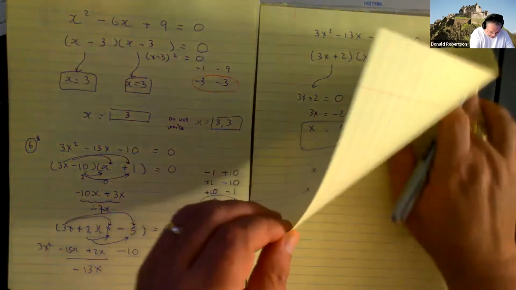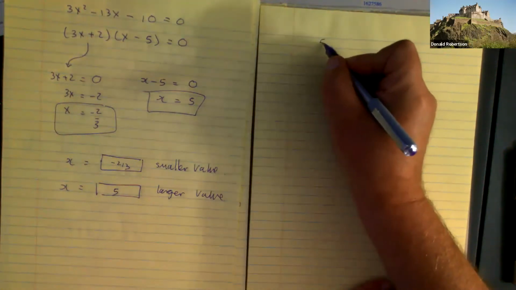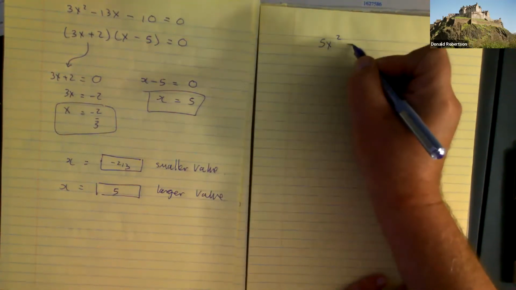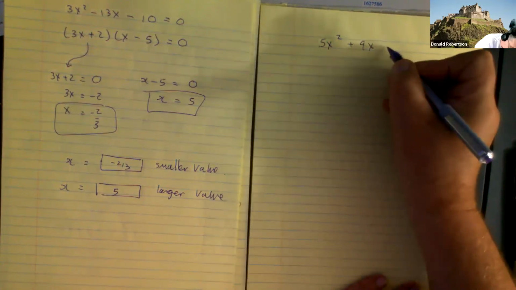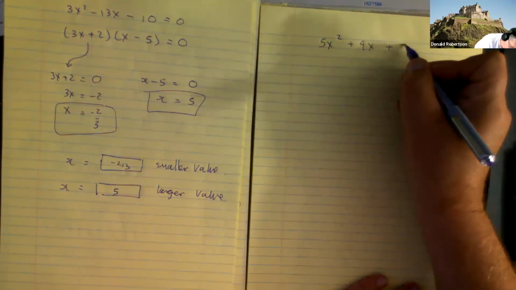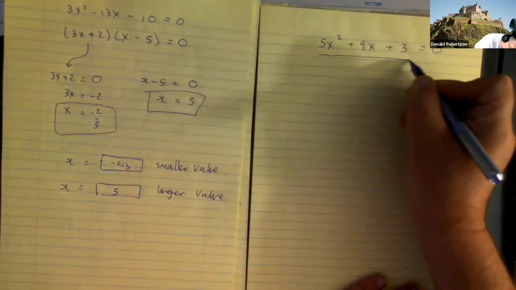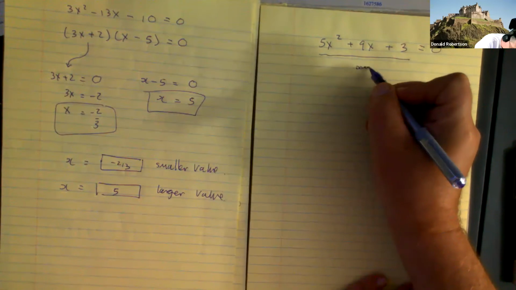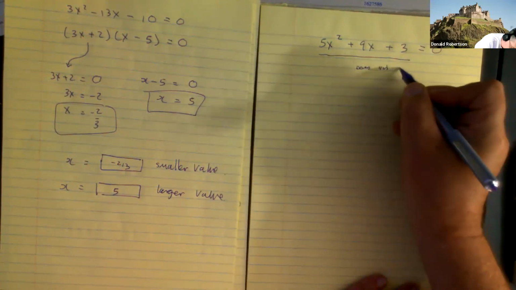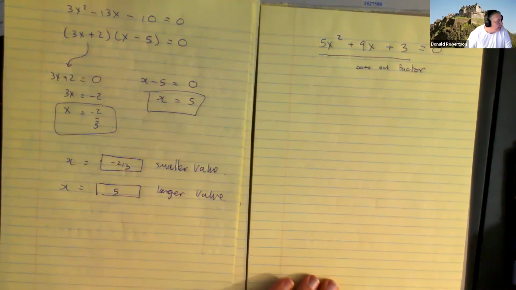Now, you may well get, here's an example of it happening, 5x squared plus 9x plus 3 equals 0. And this expression does not factor. Now, if that happens, you will write down, I'm just looking for the word that they use.